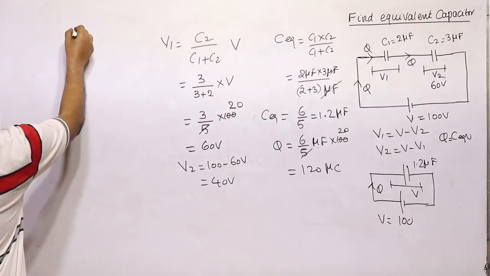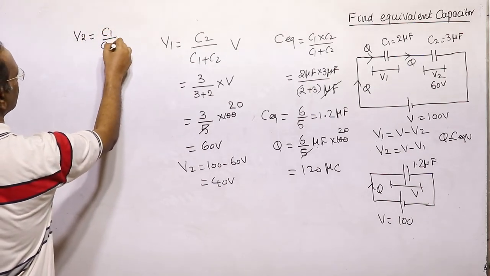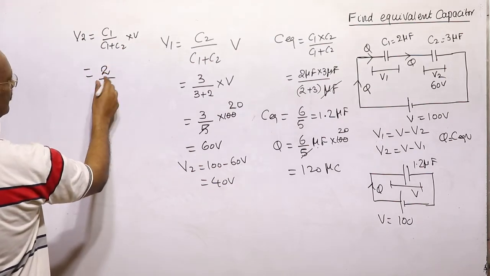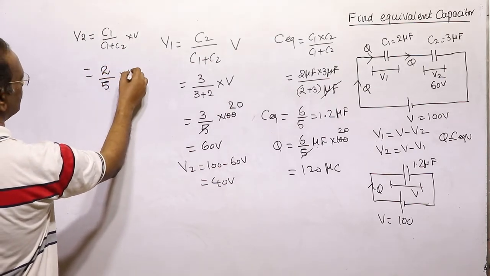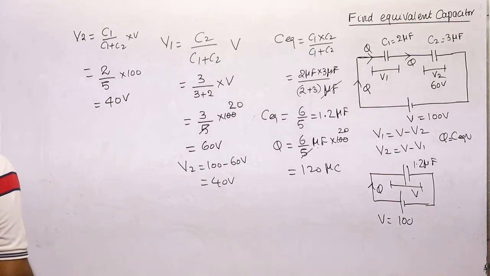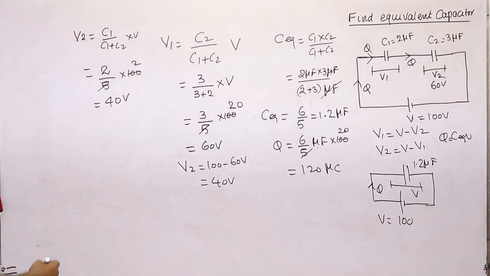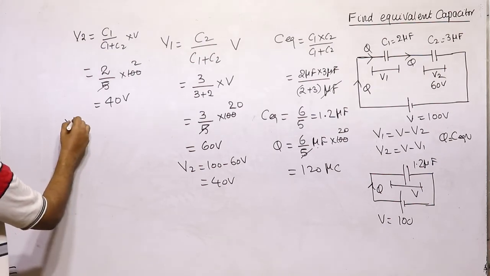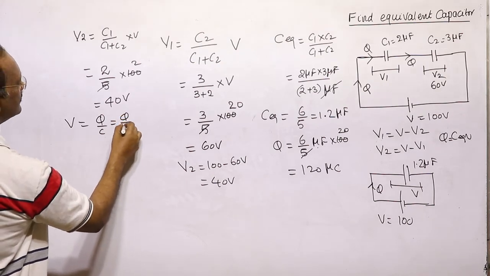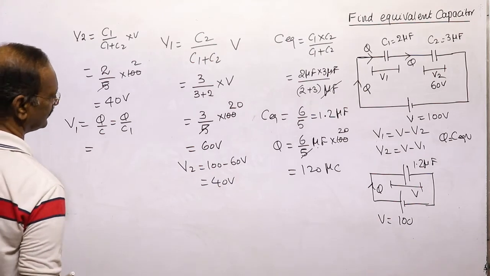Or we can say V2 is equal to C1 by C1 plus C2 into V. So C1 is 2 divided by 5 into 100, which is 40 volt. This we can also easily find out since Q is equal to CV, or V is equal to Q by C. The charge is the same, so Q by C1 gives V1.